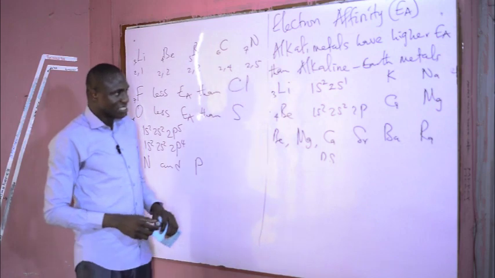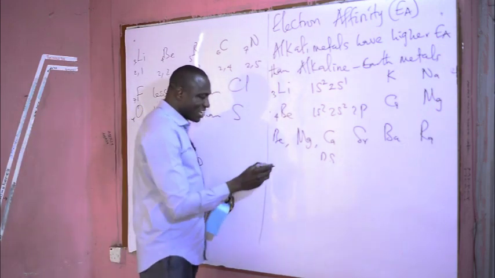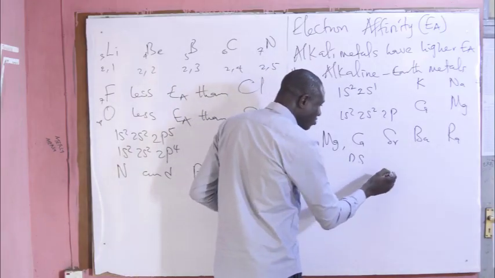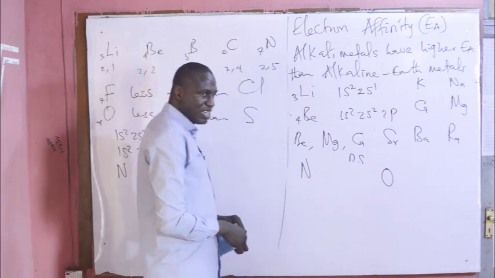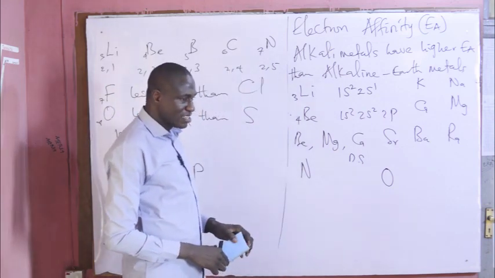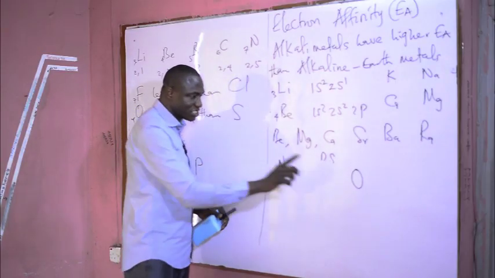Another observation is that the electron affinity of nitrogen is lower than that of oxygen, despite both of them being members of the same period. Why? Students must be able to explain this. And that is down to the electronic configurations of the 2 atoms.